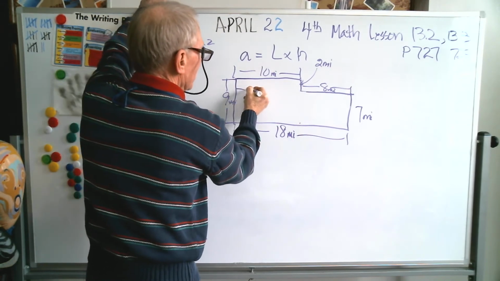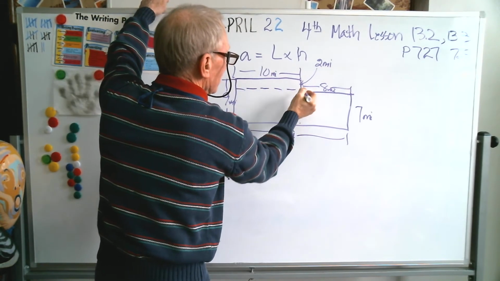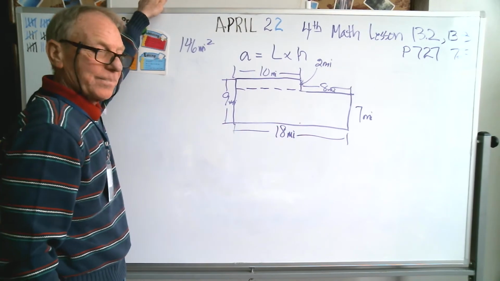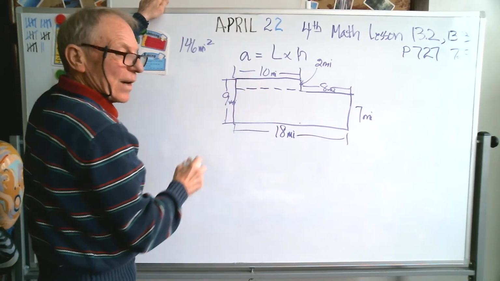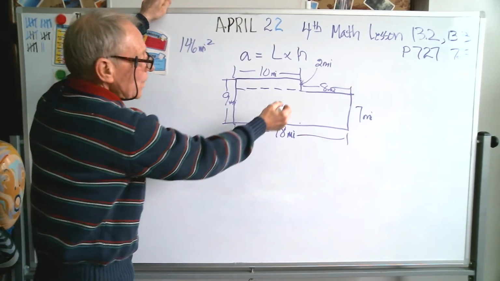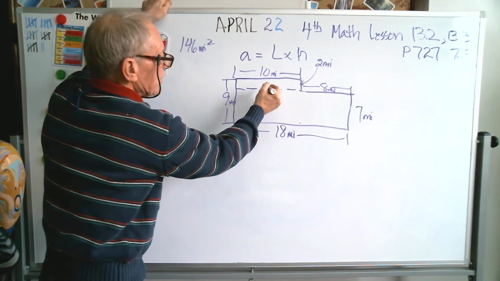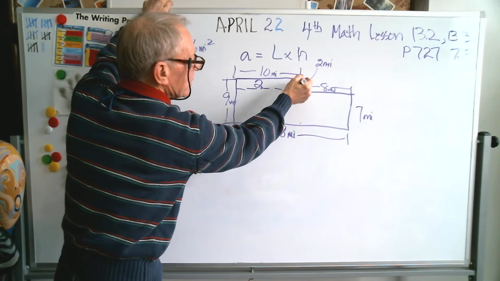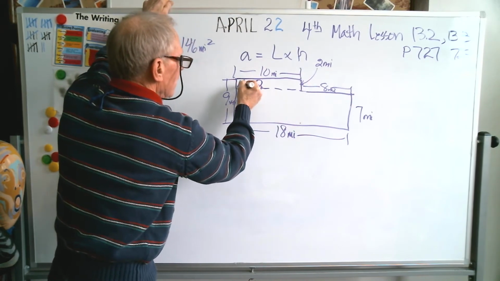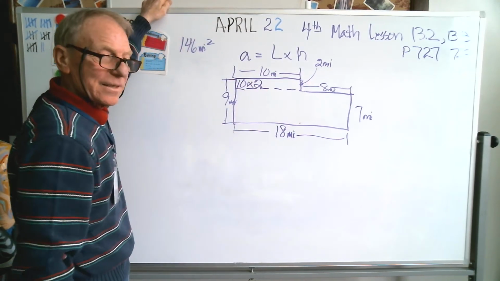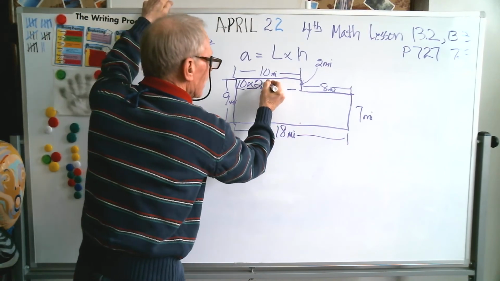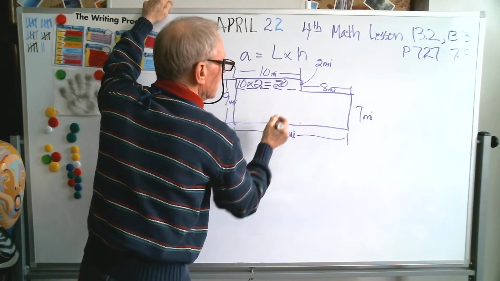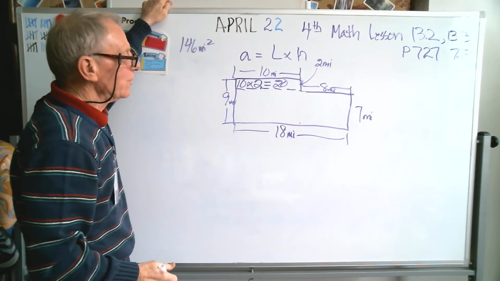If we take this and break it that way, this rectangle here, we know it's 2 miles high, and we know it's 10 miles. So that would be 10 times 2, and that equals 20 square miles.